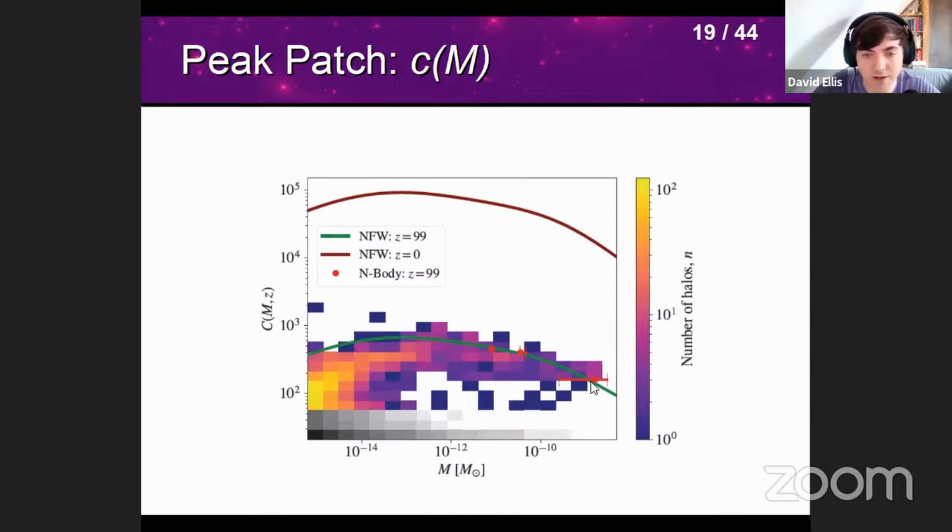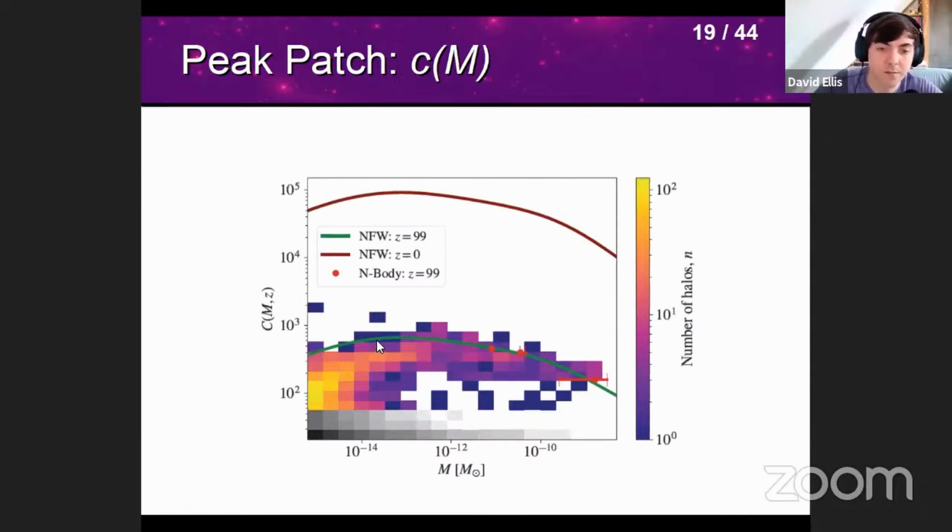This is really the advantage of Peak Patch: because it's working on the actual density field, we can see this distribution of concentrations. Another nice thing is that for large concentrations, so long as your redshift of collapse doesn't change too much, and we don't think it should after the redshift of equality, the concentration essentially just grows with the scale factor.